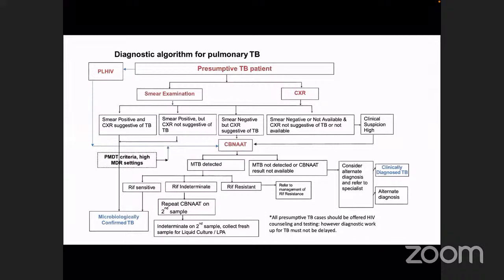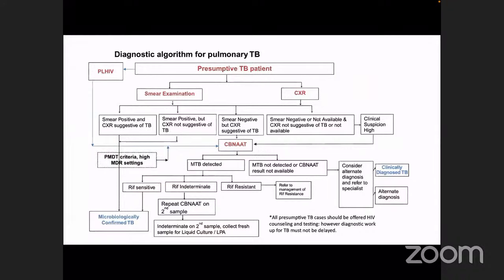Then smear and chest X-ray guidelines came. And now, in many cases, especially in some areas, the guidelines are recommending going straight for CBNAAT, because CBNAAT has much better sensitivity as compared to smear and chest X-ray.